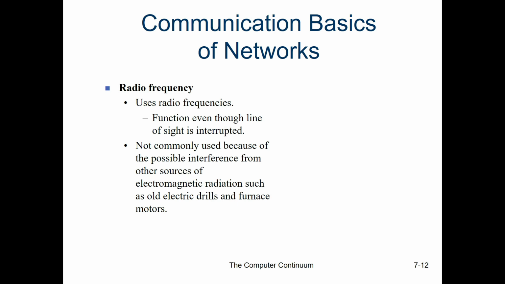Then we have radio frequency. Radio frequency is used in many things. It functions even though line of sight is interrupted. For example, your Wi-Fi router is placed somewhere outside your room, but still you get the connection, which uses radio frequency. It's not commonly used because of possible interference from other sources.